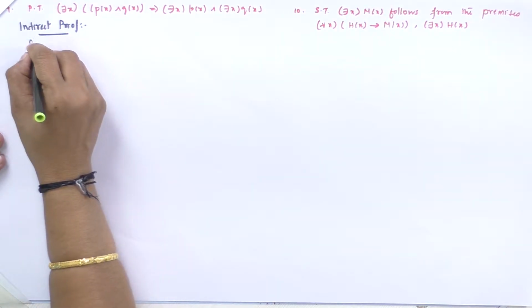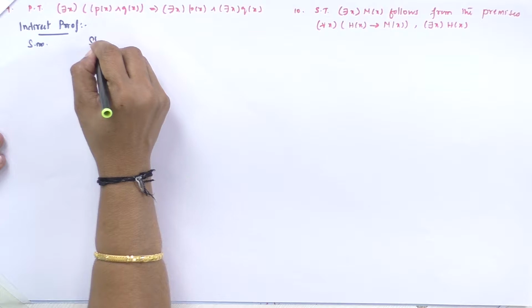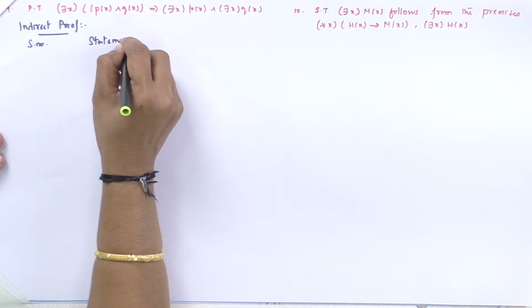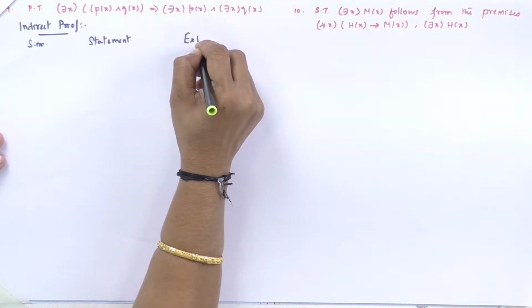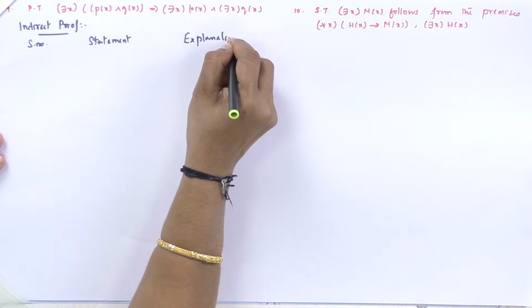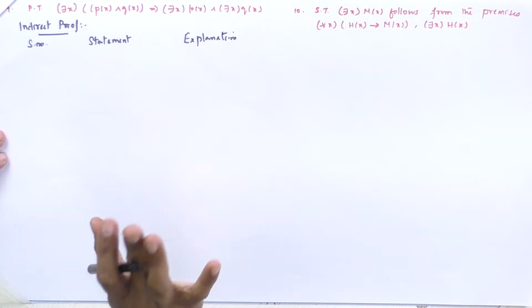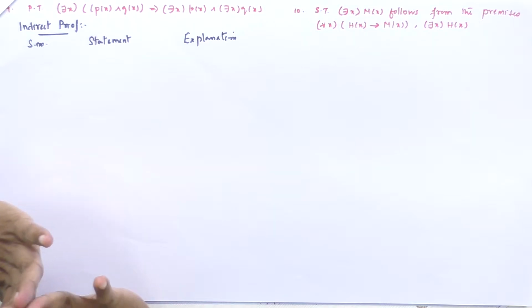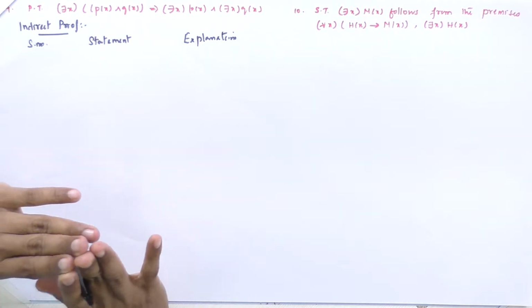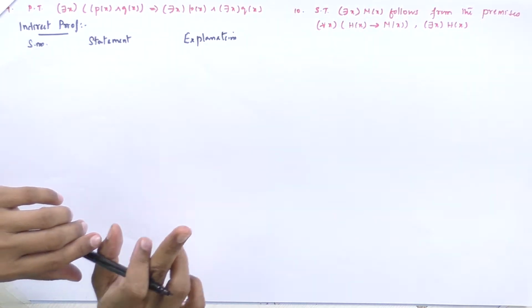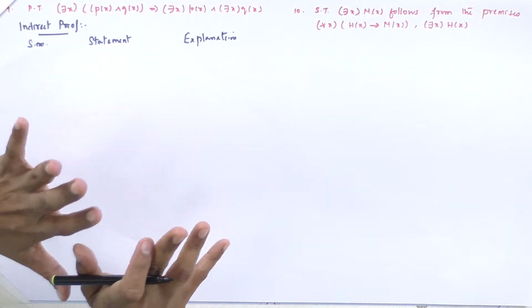Indirect proof. Serial number, statement, explanation. So what is the first and foremost point in the indirect proof? We will have to take the negation of the conclusion.